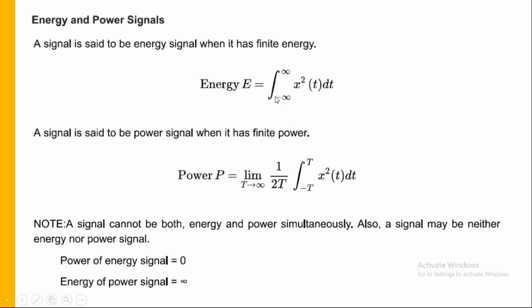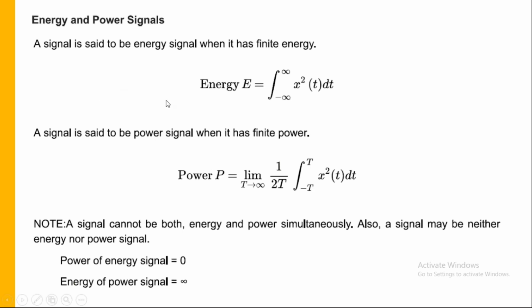So you write the equation as the integral from minus infinity to plus infinity of x square t dt. This is the expression for the energy signal. Similarly, we have the expression for the power signal. A signal is said to be a power signal when it has finite power. Energy signal has finite energy, power signal has finite power.